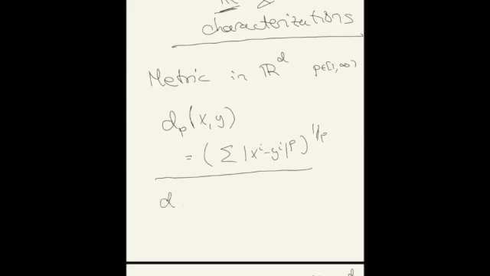And then there is an additional metric corresponding to infinity, given by the distance of two vectors x and y in R^d, which is the supremum over all the components, so i in 1 through d of |x^i minus y^i|. You'll notice that this is similar to the metrics that we defined on l infinity, the infinite sequence space, except that now we have finitely many components.